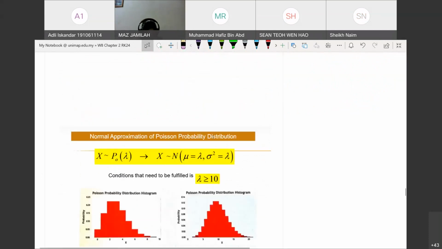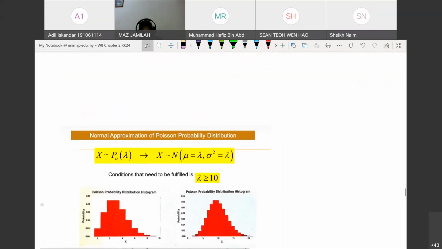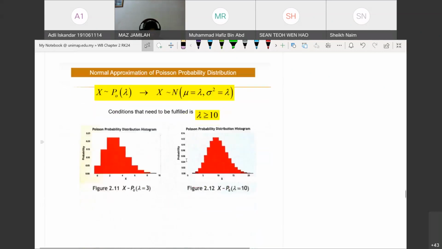Now, normal approximation of Poisson will be much simpler, knowing that Poisson only deals with one parameter, that will be lambda. So when you are dealing with Poisson and need to approximate using the normal, it will be easier compared to binomial. How does the approximation look?